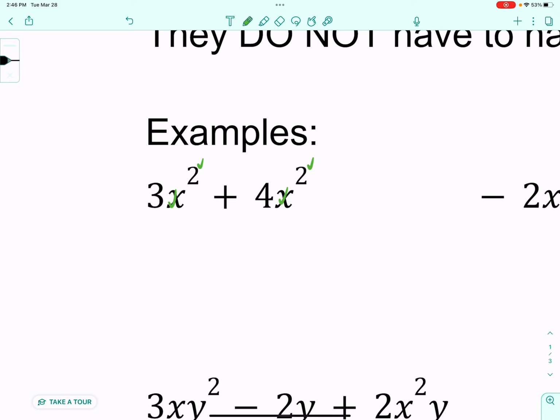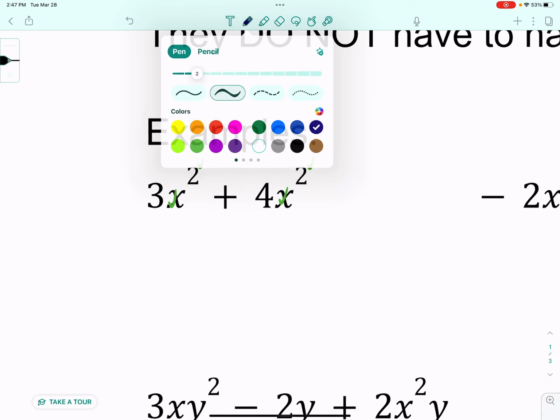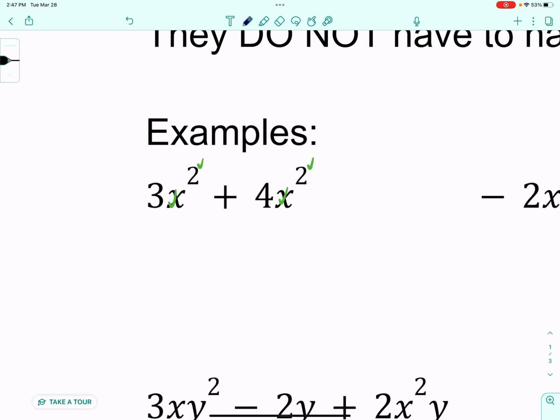So my two requirements are met. Now, I'm going to add them up. If I think of these like cans of soup in my pantry, this would be 3 cans of chicken noodle soup plus 4 cans of chicken noodle soup gives me 7 cans of the same soup.